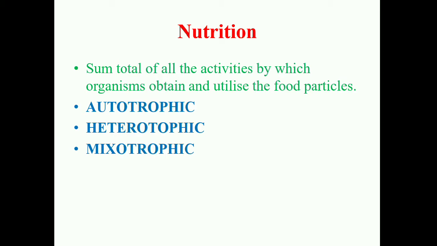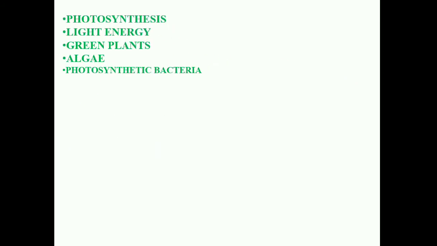In autotrophic nutrition, organisms prepare their own food by using a source of energy, and source of energy can be light energy or chemical energy. So depending upon that, autotrophic nutrition can be photosynthesis or chemosynthesis. As the name indicates, in photosynthesis, organisms use light energy for preparing their food.